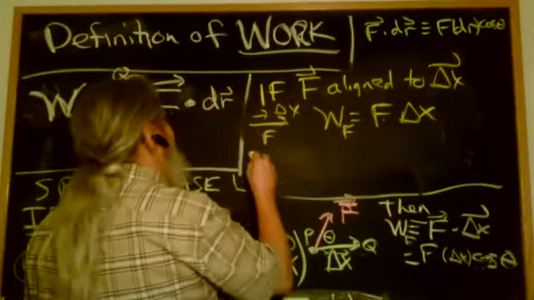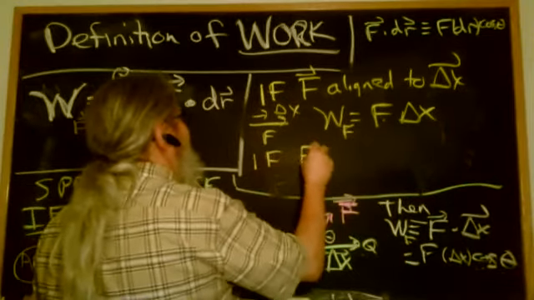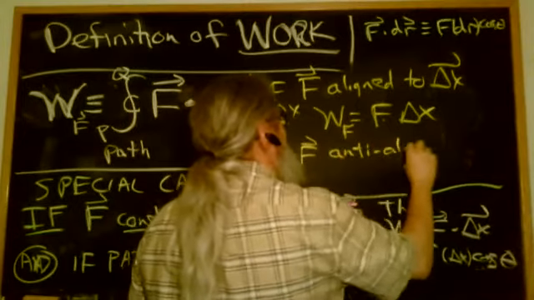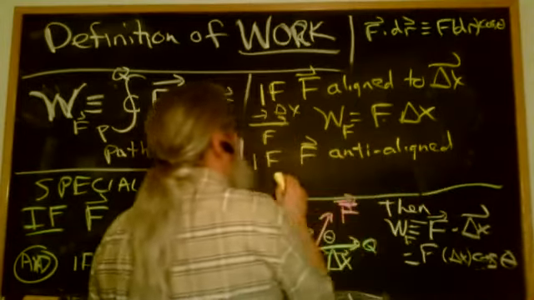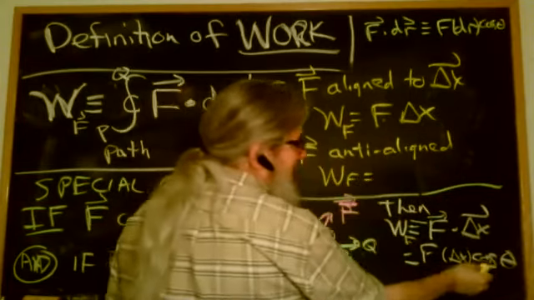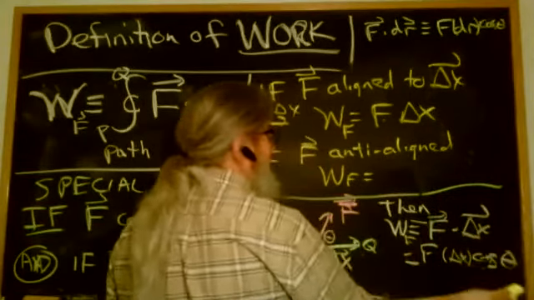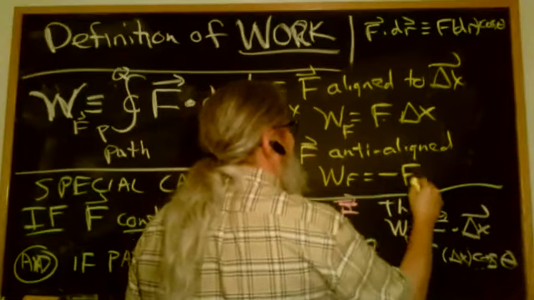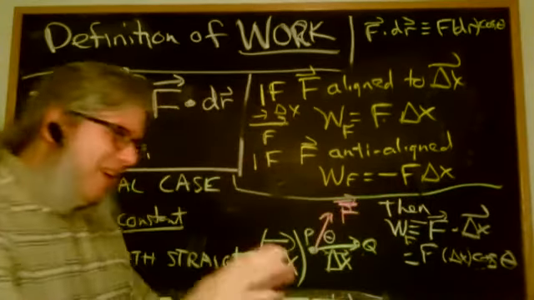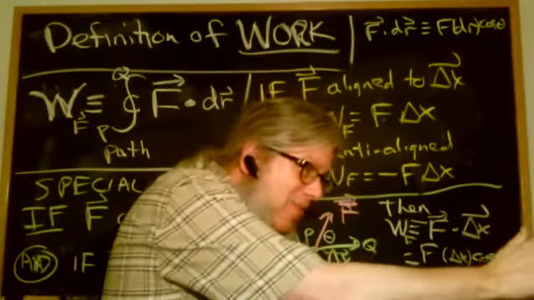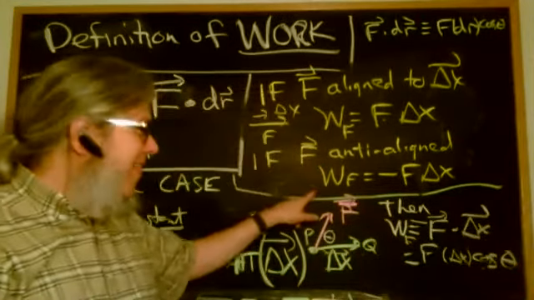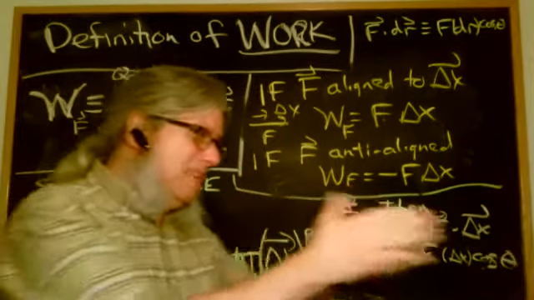On the other hand, if the force is anti-aligned, which is to say anti-parallel, then the work done is the same thing, but now instead of cosine of 0, it's cosine of 180 degrees, which is -1. The work done is negative F times delta x.